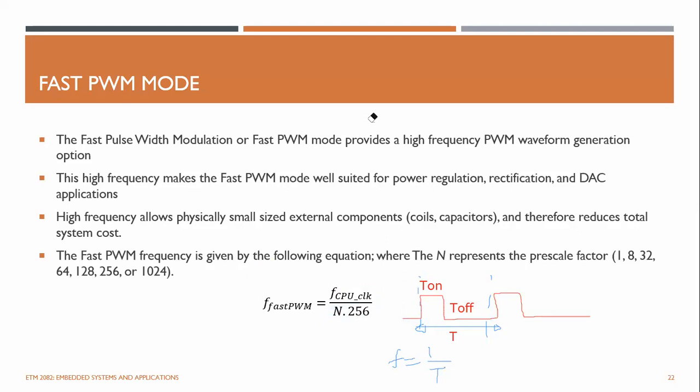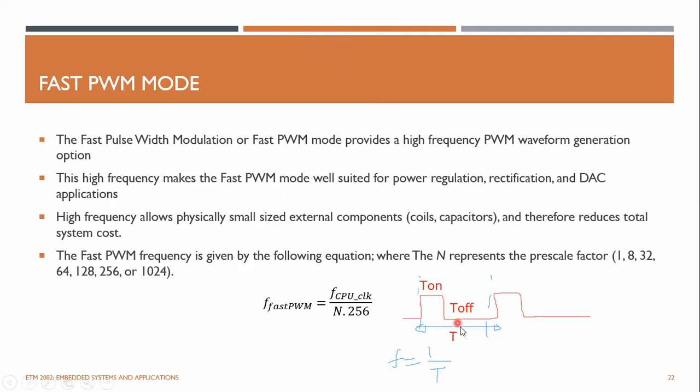So all you need to know is the maximum frequency given in this equation: the CPU clock frequency divided by the prescaler divided by 256. If you take 1 over that, that is the time period of your square wave signal. And T on period and T off period can be adjusted by software. Yeah, I will explain how to do it.